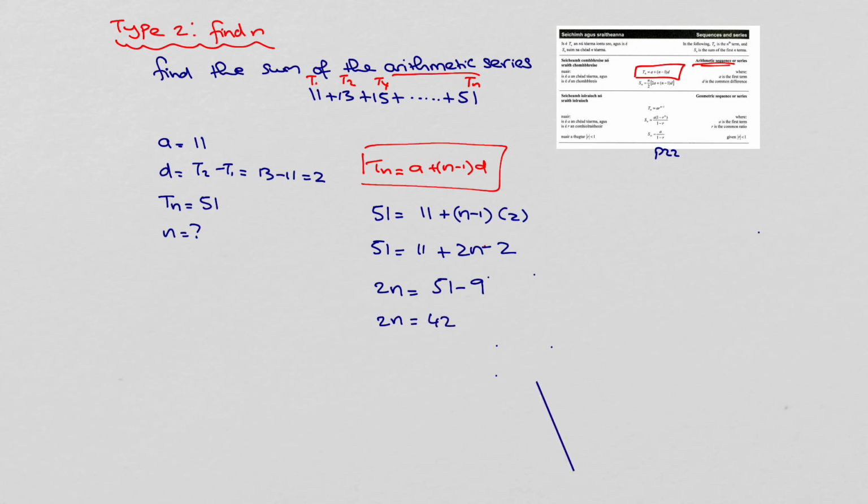So 2n is equal to 42, and therefore n is equal to 21. So what that tells me is that there are 21 terms in this series.